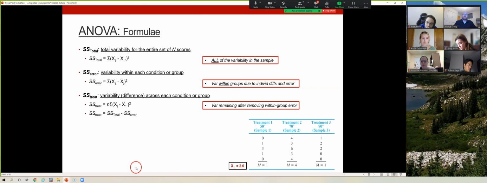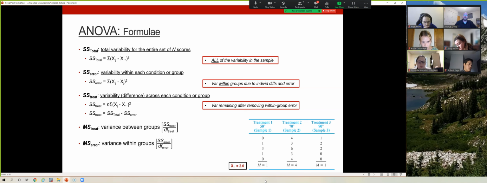And then we have our sum of squares treatment. This is the variability that we get after removing our within group error. We can talk about this as the sum of the squared deviations of my group mean minus my grand mean, squared, multiplied by the size of my sample, or I can get there by subtraction. If this is the total variability in the model, and I pull out the variability due to within subject stuff, what I'm left with is my between subjects variability.